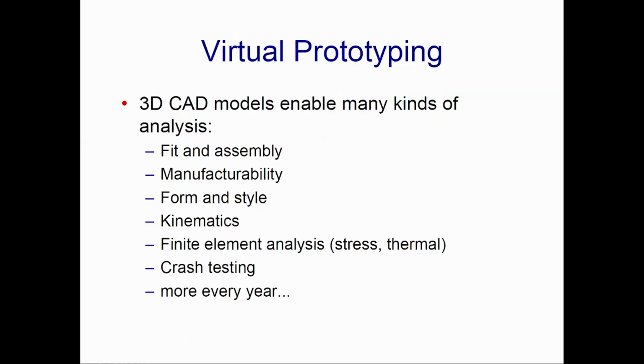Kinematics means how do things open and move. Then finite element methods and methods of finite differences, meant for physical stress and thermal stress, how things are going to get hot. Then again crash testing.